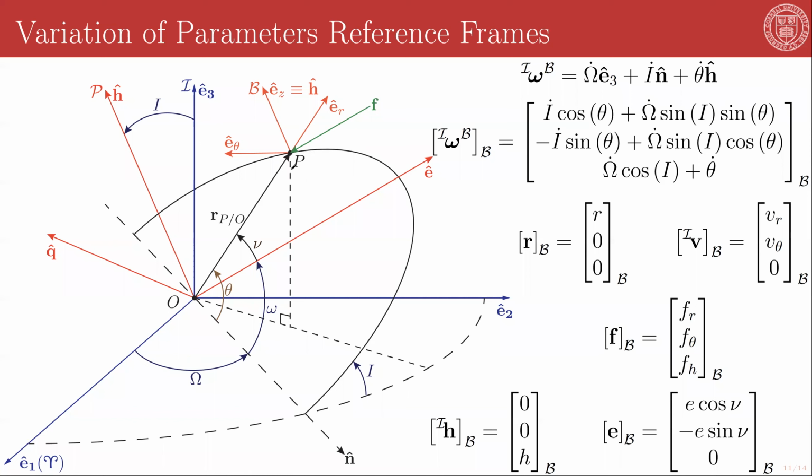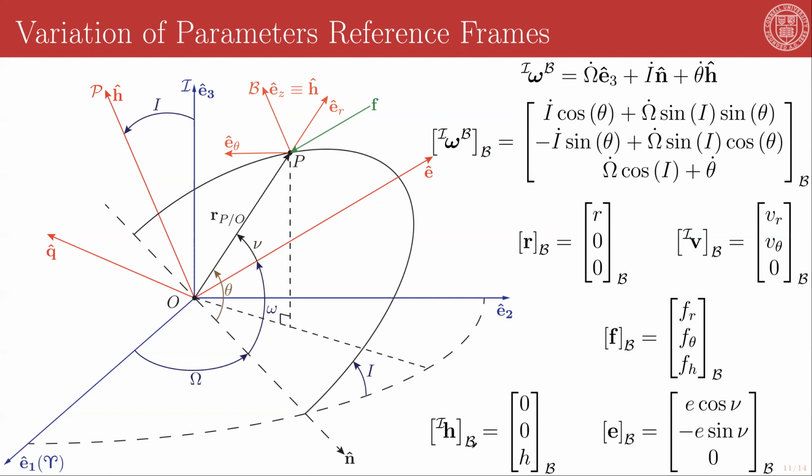And so we fully expect time evolution of this plane, which means that we expect time evolution of these various angles, which ordinarily in the regular two-body problem would have zero time derivatives. So this is what the specific force is doing to our system. It is allowing for a non-zero capital omega dot and a non-zero i dot, and so on. The force components will be written as F_r, F_theta, and F_h in B frame components corresponding to the e_r, e_theta, and h hat directions.